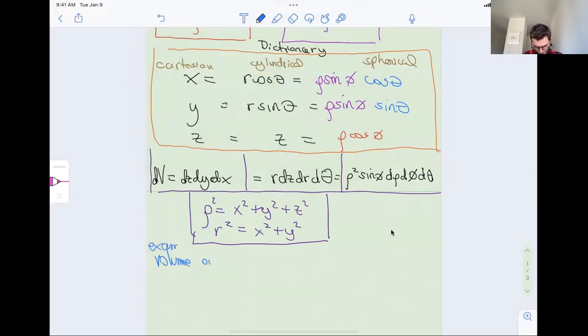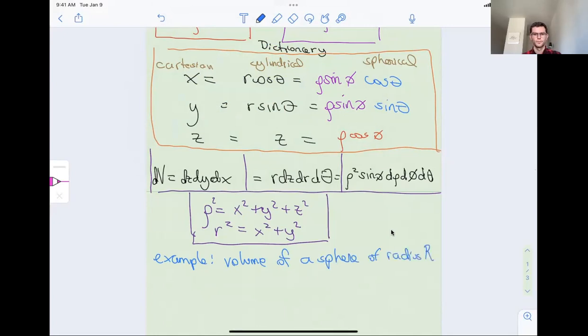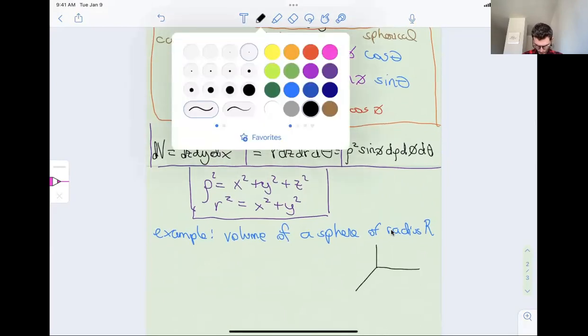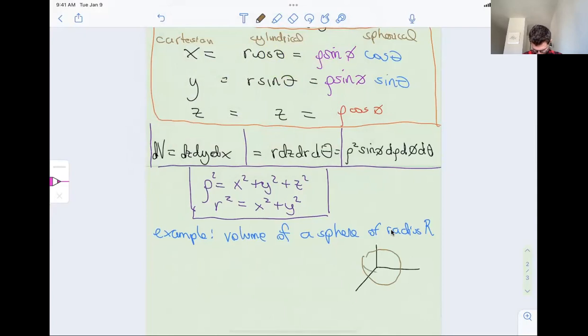So let's do an example. I don't know if anyone remembers the equation.